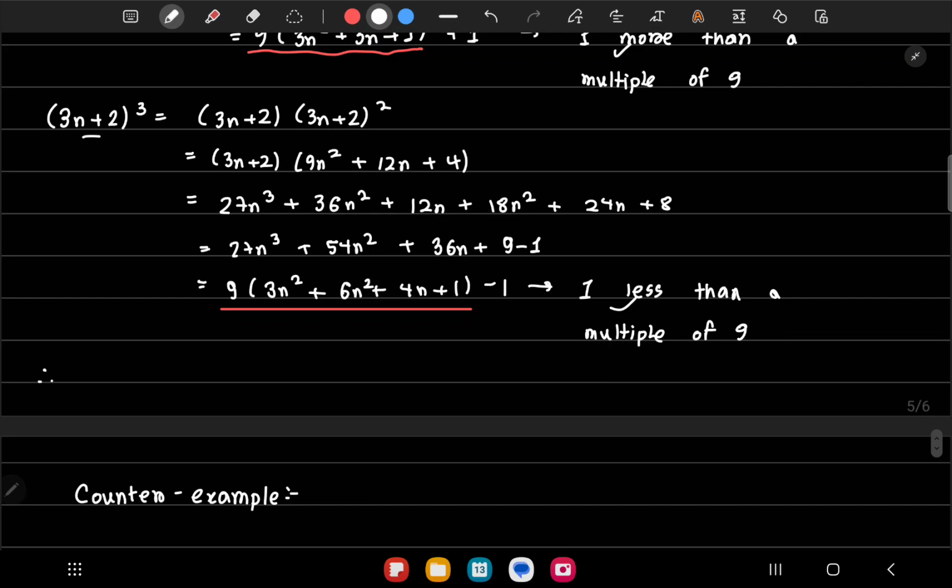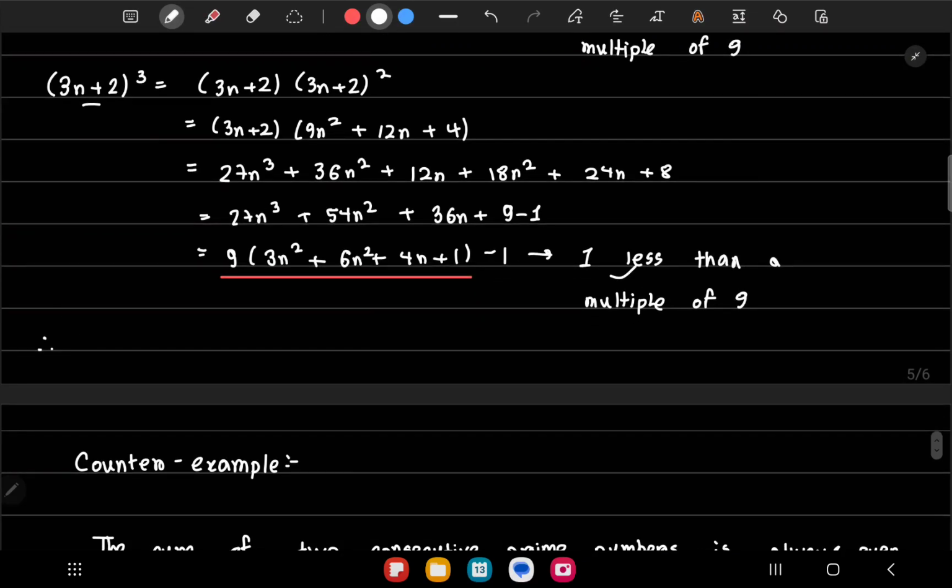So for a final statement, I'll just write down that all cube numbers are multiples of 9 or 1 more or less than a multiple of 9.